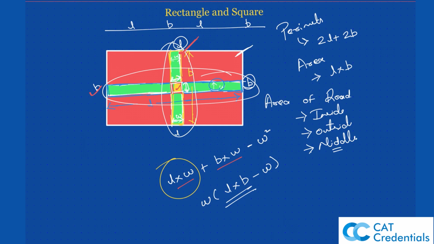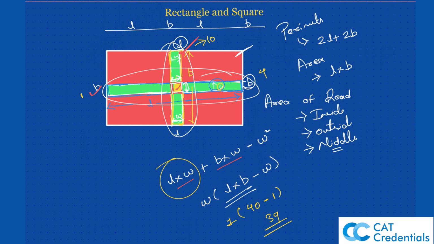In case they tell you that the length of the rectangle is 10, the breadth is 4, and the width of this road is 1, what will be the area of the road? This W is 1. You will say, length into breadth, which is 10 into 4, 40, minus 1. That will be nothing but 39.